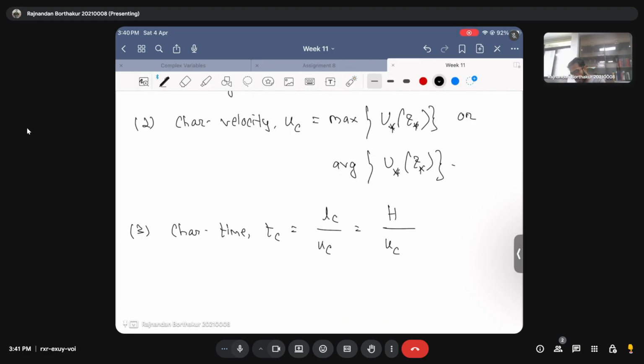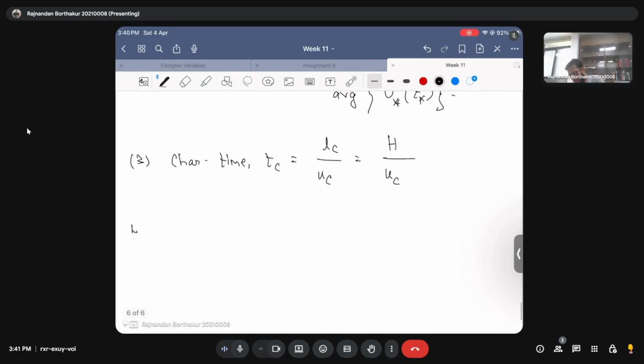Similarly, the choice of the characteristic pressure is trivial, because this is an inviscid fluid, so we cannot choose the viscous scale for pressure. So we will choose my characteristic pressure as rho times the characteristic velocity squared.